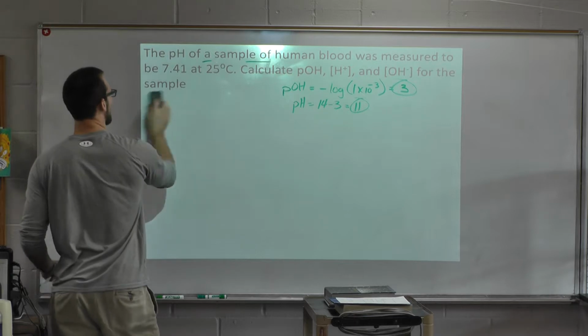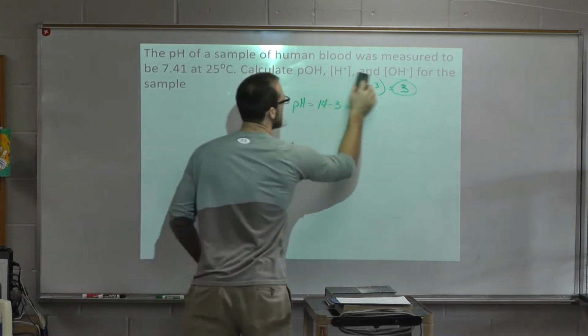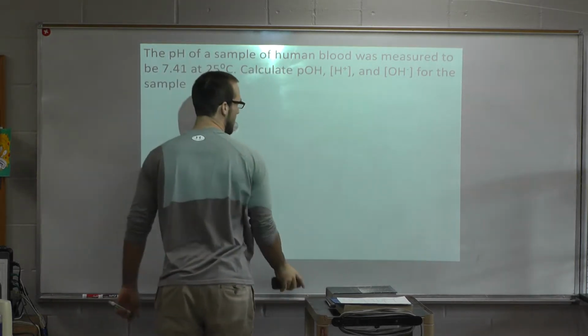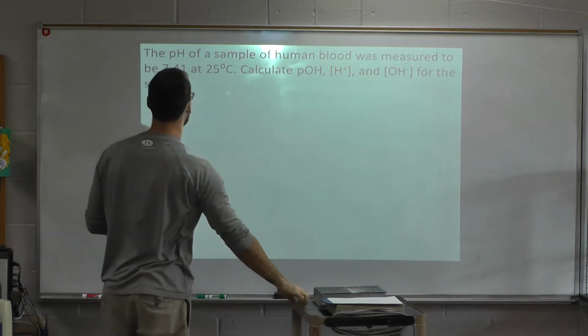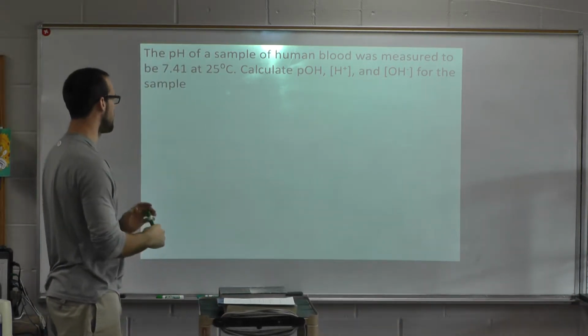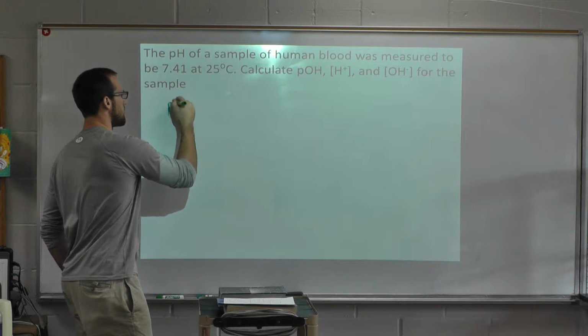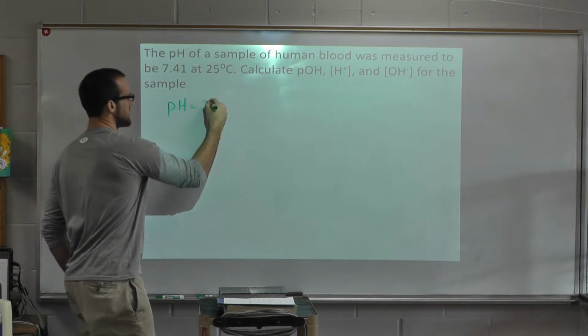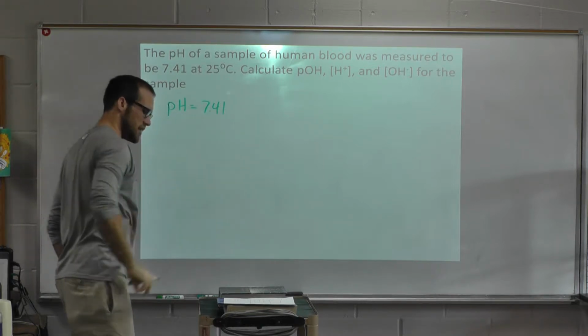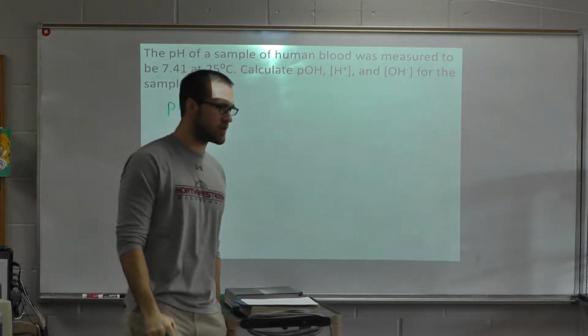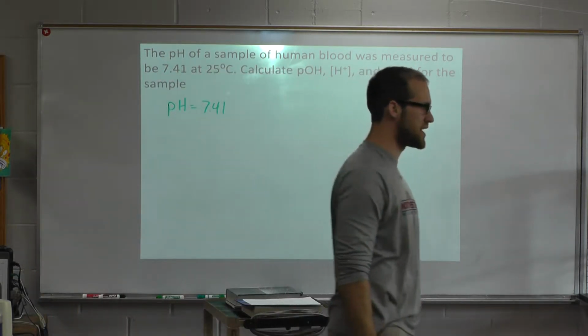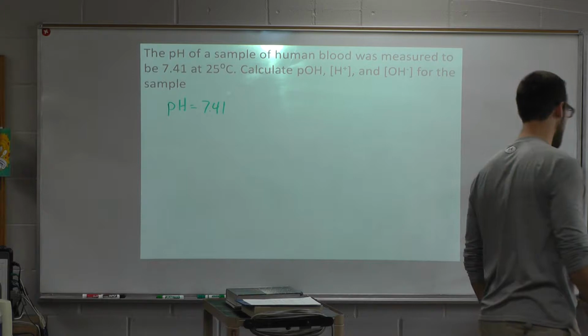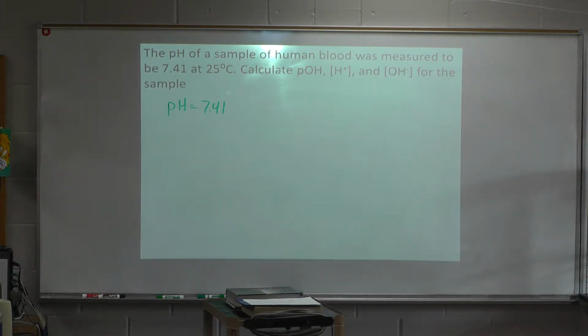So this one asks a little bit more. It wants pOH, H plus concentration, and OH minus concentration. It gives you the pH, 7.41. Again, there's a variety of ways for you to do this. This is the one where you can take 10 to the negative pH to get your H plus concentration. I totally butchered that a little while ago.